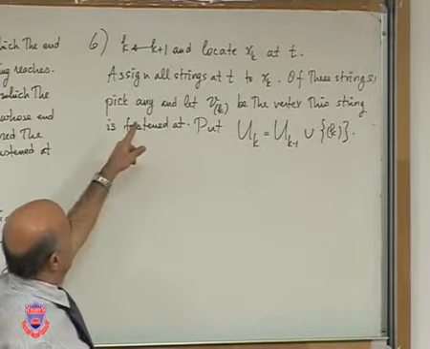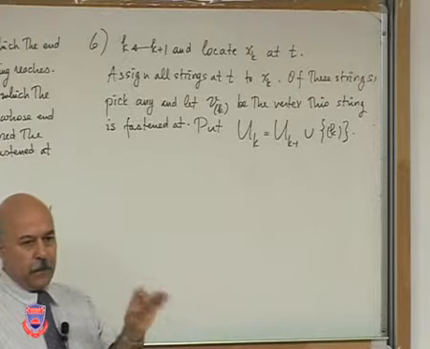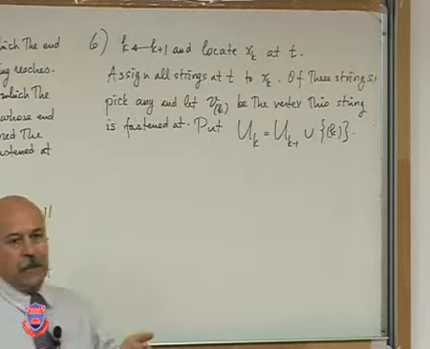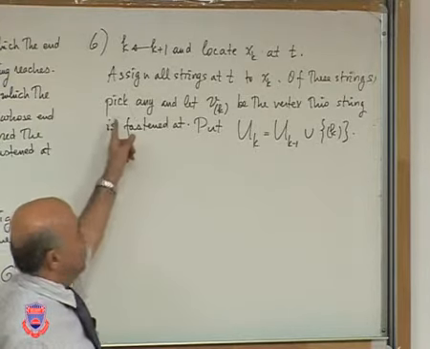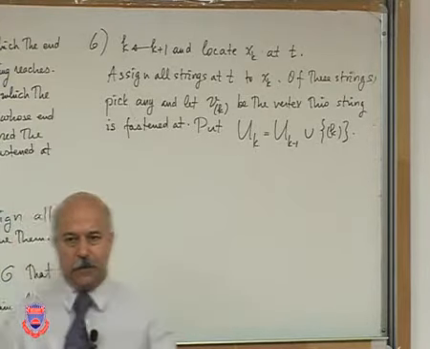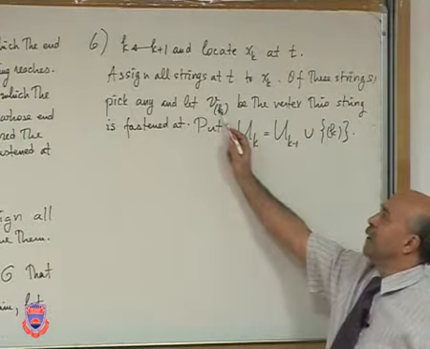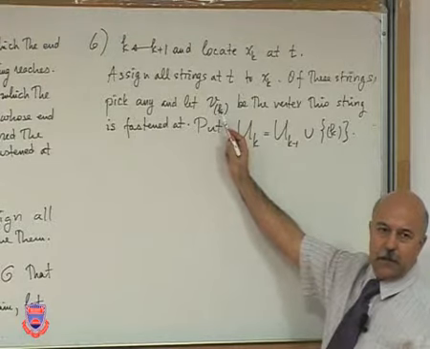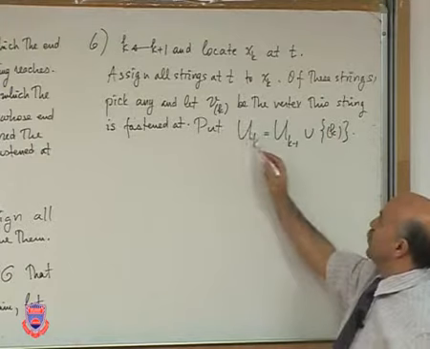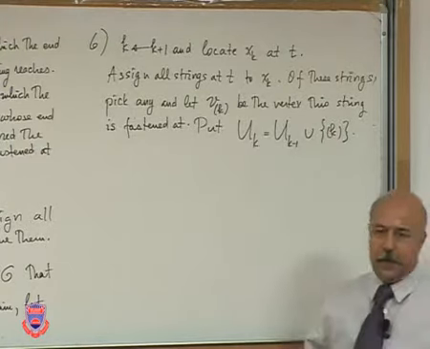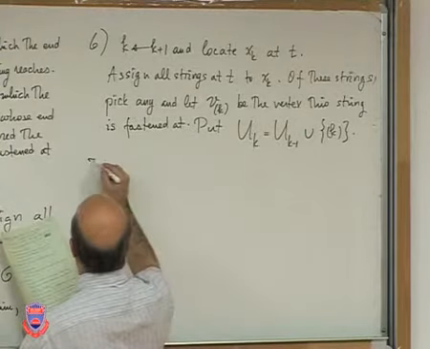So in that case, we locate xk at T. We assign all strings that are present at T to xk. You delete them. Of these strings, we pick one of them. It doesn't matter which. You pick one, and you find the vertex at which this string was originally fastened, and you put that into the set U_k. Then we go to 7.